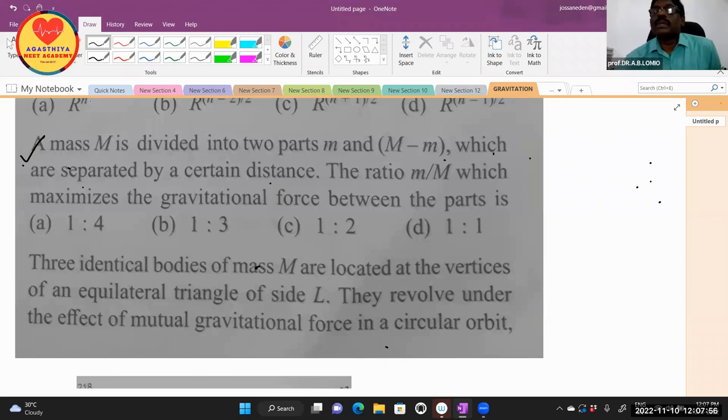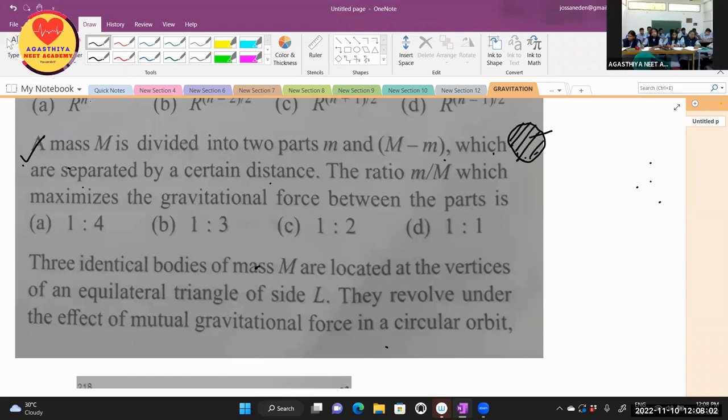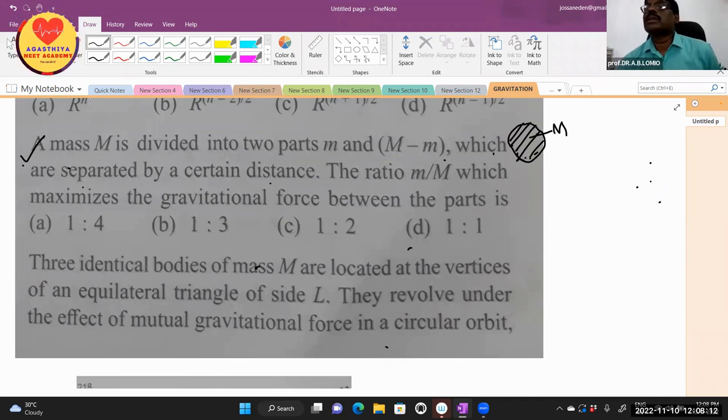I will explain the problem first. Consider this is the mass, capital M. Now the mass is divided into two parts, not equal parts. The first part is, say, small m.